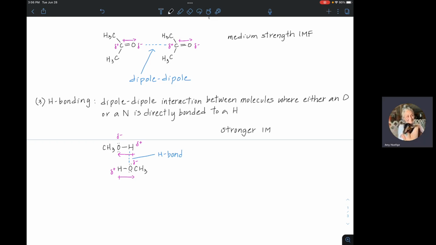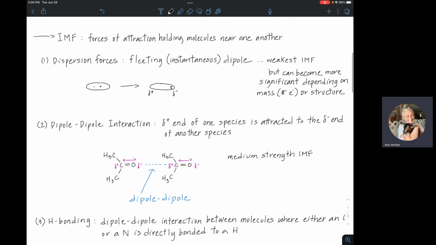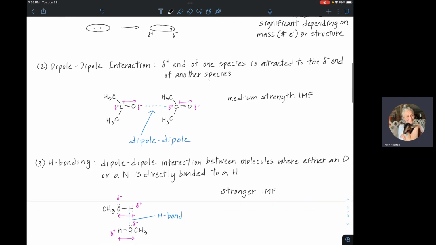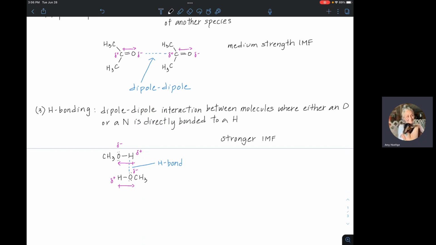And what do I mean by strong, medium, and weak? If we're talking about molecules of comparable mass, say within 5 grams per mole of each other, if one of those molecules only has dispersion forces, you can bank on about half a kilojoule per mole for the dispersion force, maybe 15 or 20 kilojoules per mole for the dipole-dipole interaction, and then like 40 or 50 for the hydrogen bonding, right?